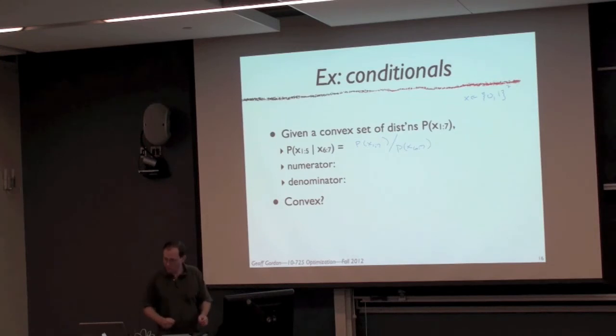All right. So yes, it is convex because of the perspective trick that I mentioned. It's also possible to do it directly as a projection. So the question is, can we view it as just a projection?